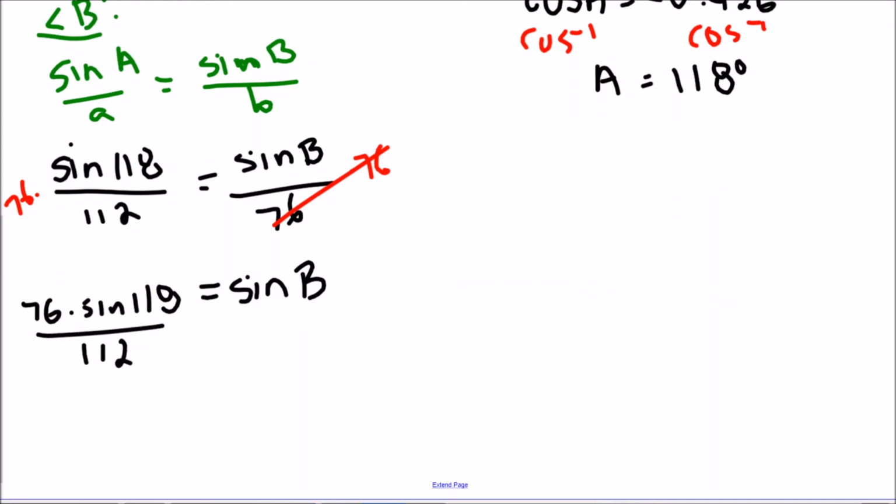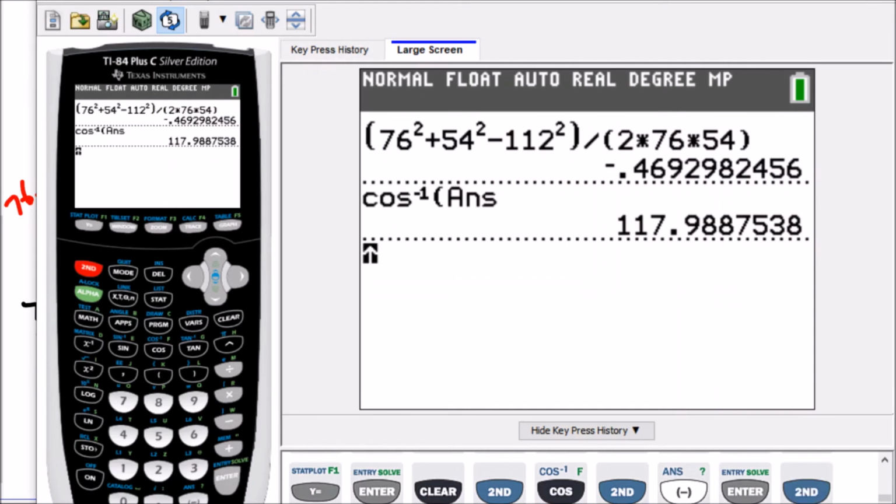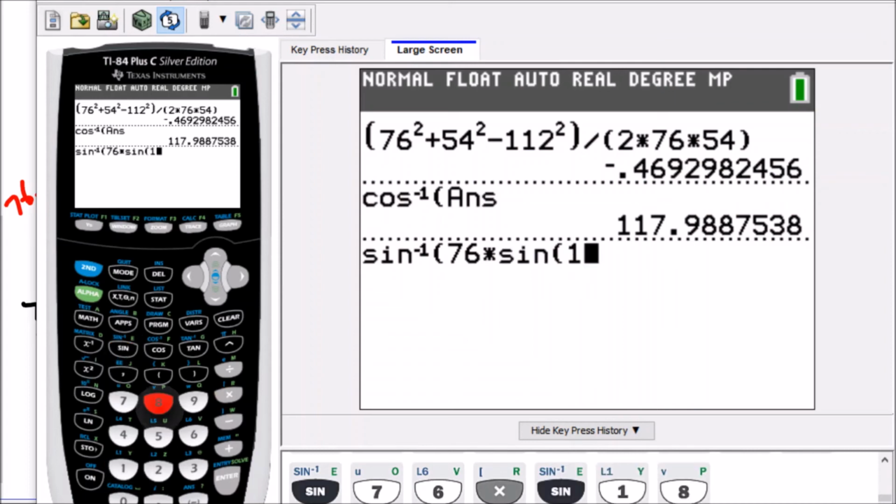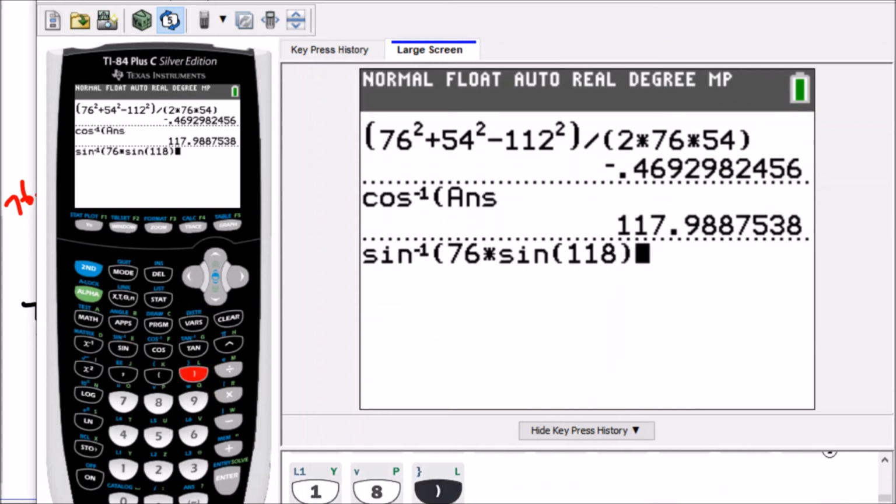And so angle B, right, we take the inverse sine of both sides to isolate B completely. I'm taking the inverse sine of 76 times sine 118 divided by 112.